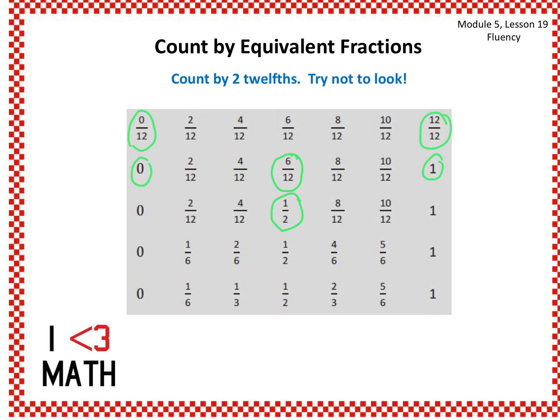Then we're going to go to sixths, and 2 twelfths is equivalent to 1/6, 4 twelfths to 2/6, 8 twelfths to 4/6, and 10 twelfths to 5/6. Lots of equivalencies here. So let's start with 0, 1/6, 2/6, 1/2, 4/6, 5/6, and 1.